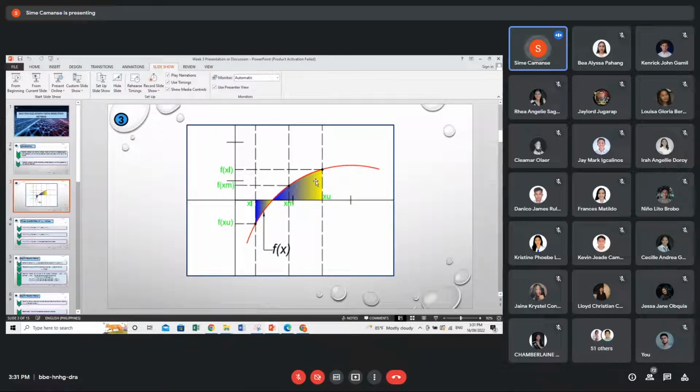Then you have to bracket the root, as the bisection method defines.